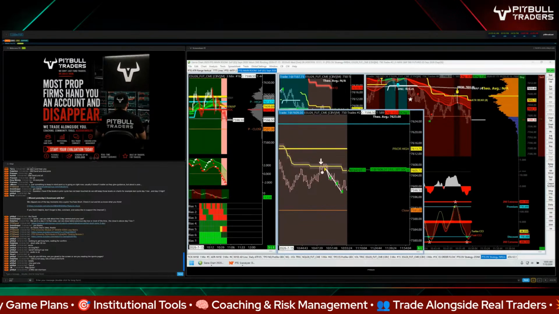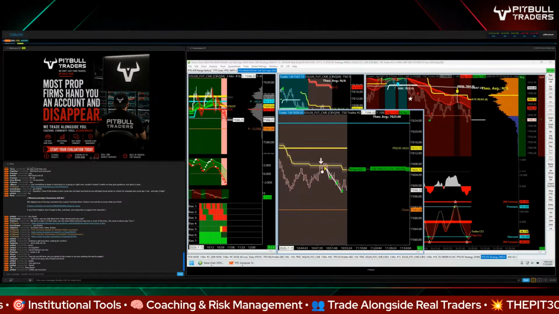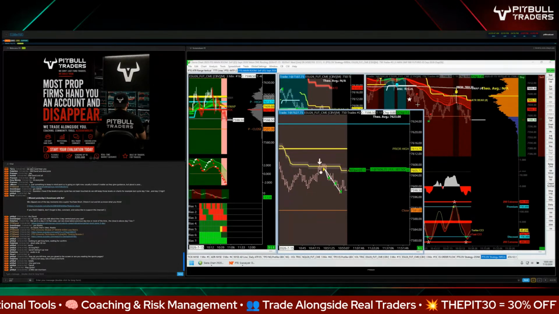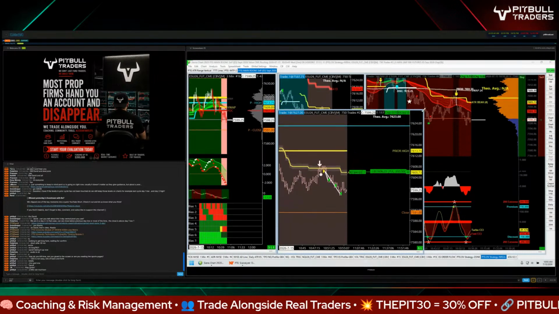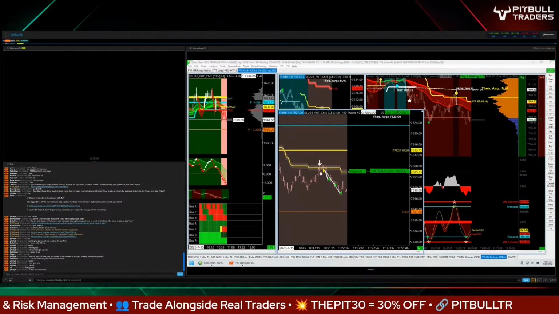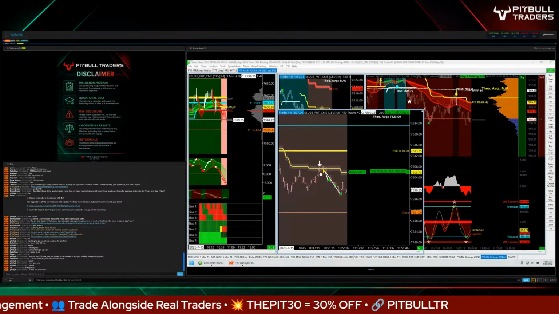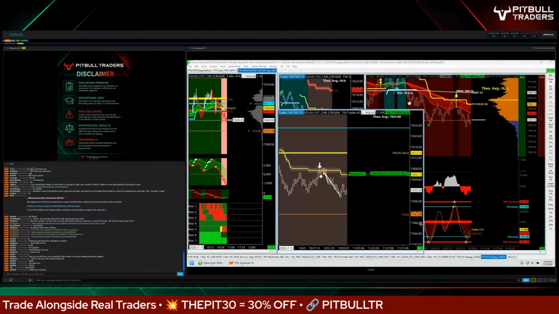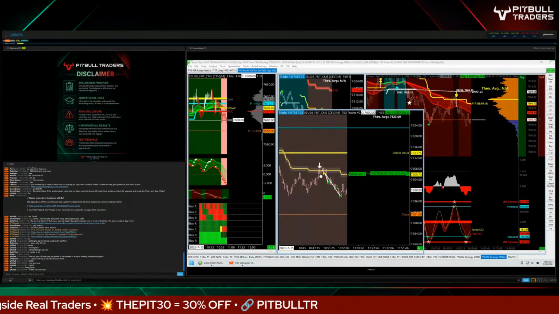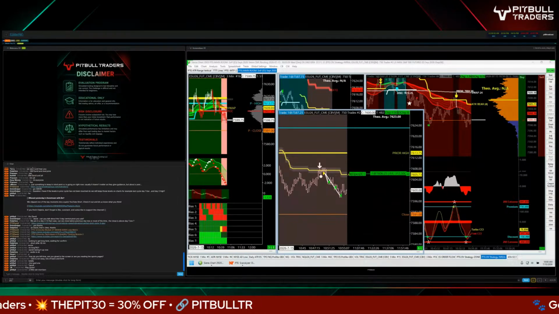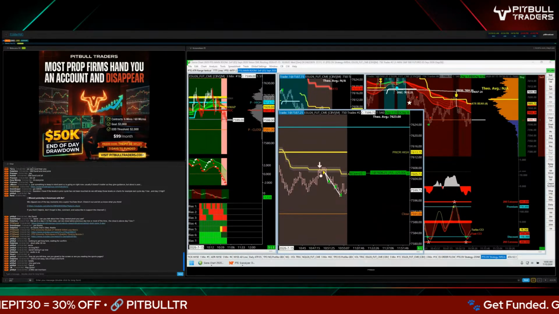Because I have multiple accounts, and they don't all take the same trade at the same time in the same way. They're not copy accounts, so there's a lot of moving parts on the other side.